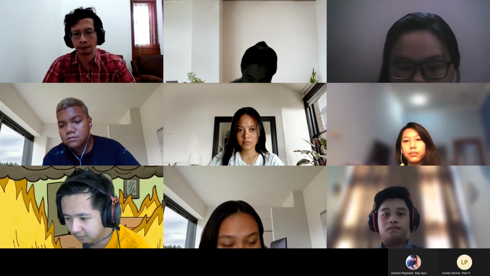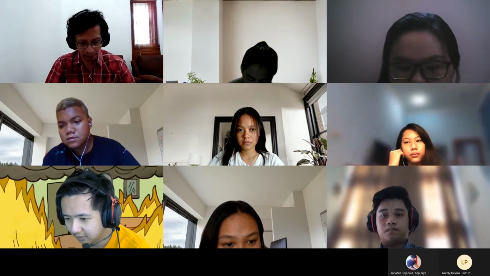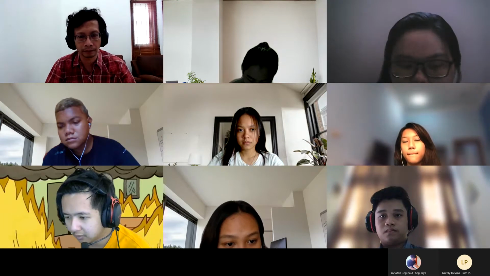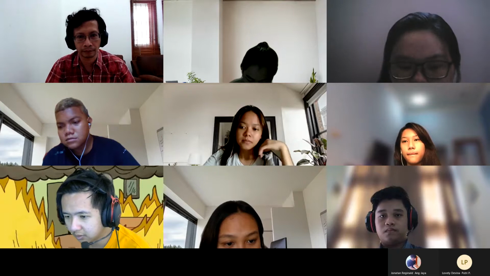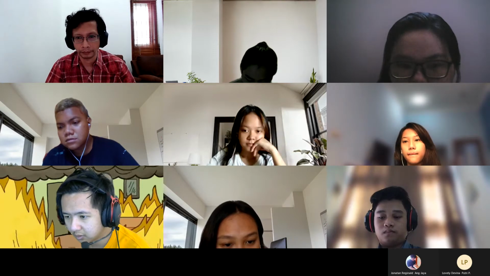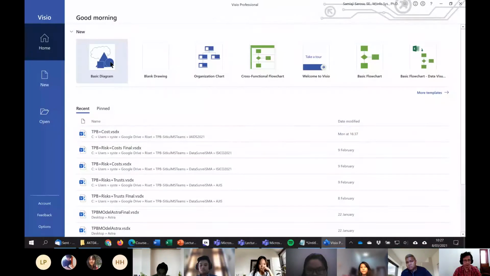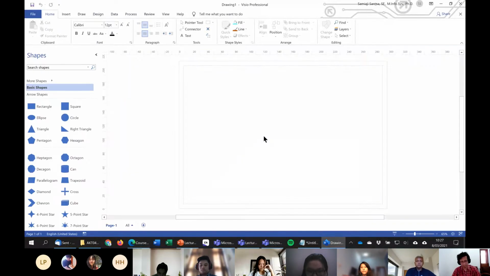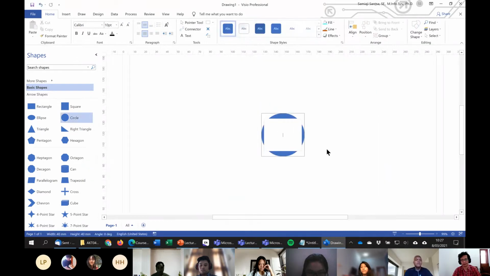Okay, so let me share my screen. I'll use Visio just because it's easier for me. First, to draw the context diagram, what you need to do is just one circle.